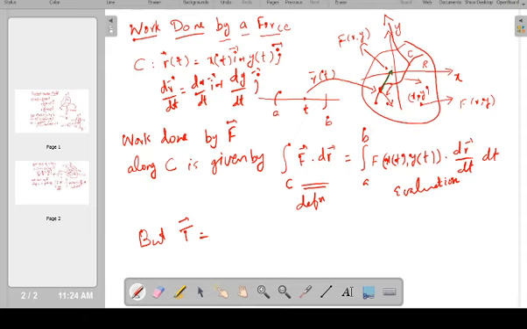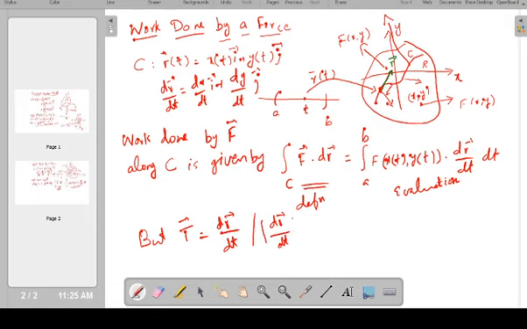This is the unit tangent vector, vector T. So T is equal to dr by dt divided by modulus of dr by dt.